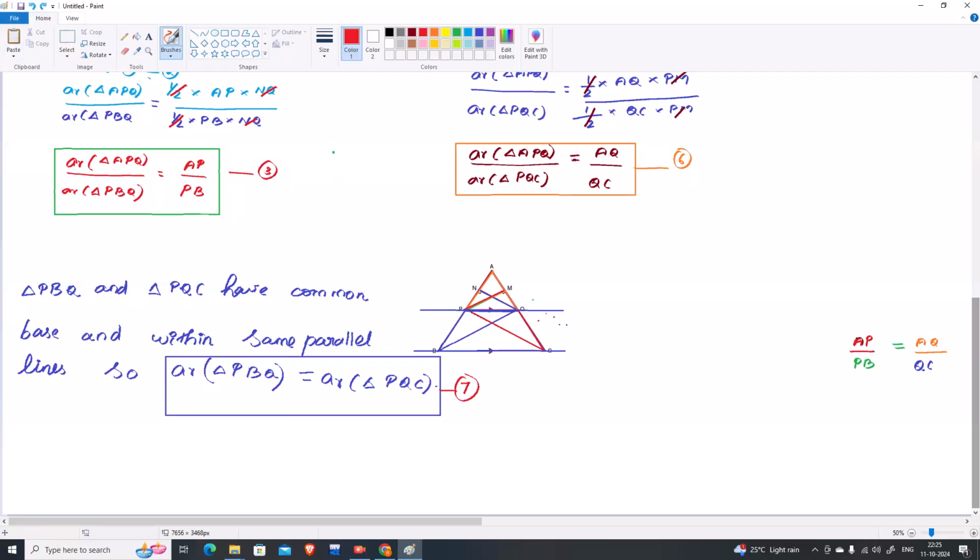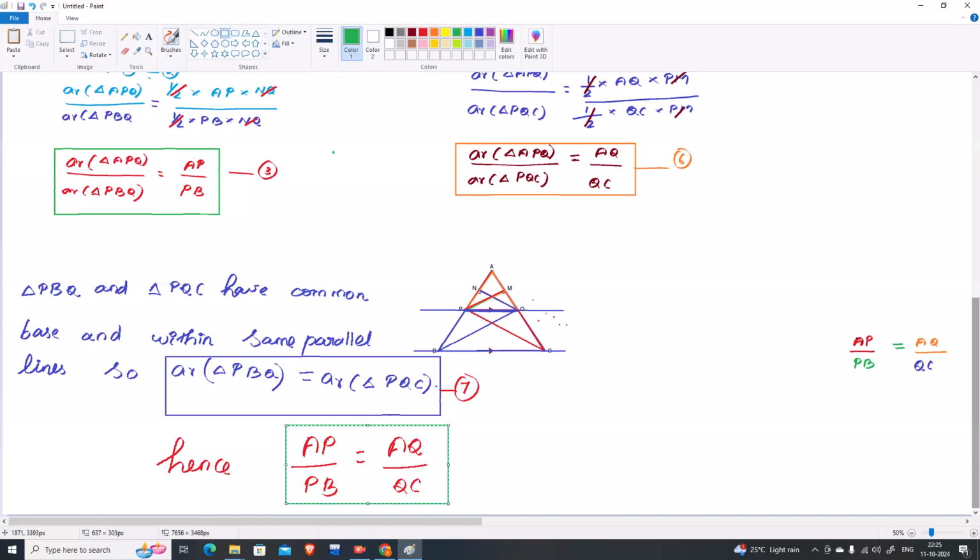Now we proved the denominators are also equal. So left hand sides are equal, meaning automatically the right hand sides of 3 and 6 will be equal. So AP by PB is equal to AQ by QC.